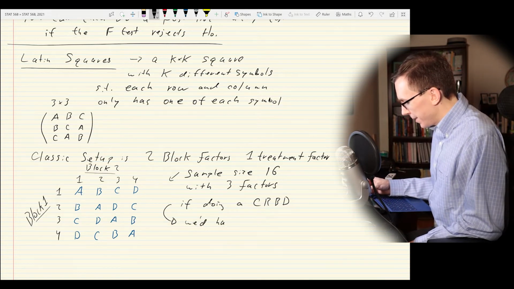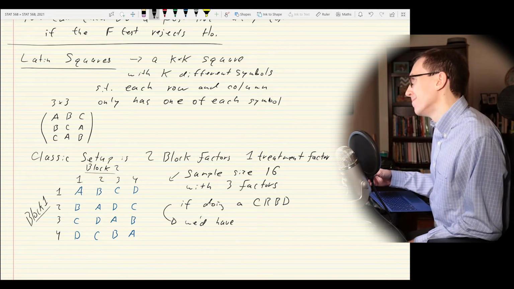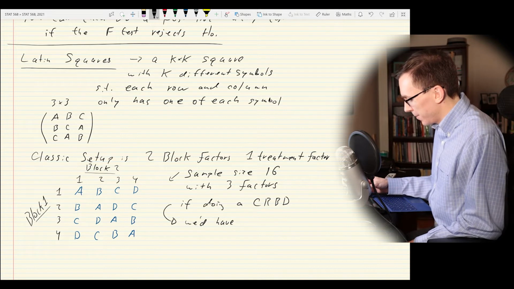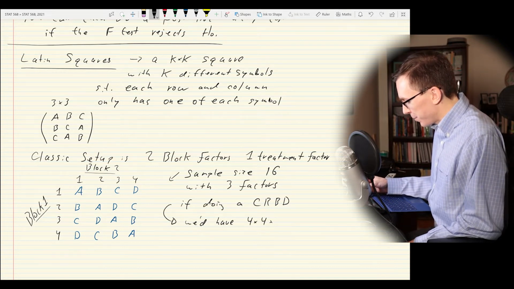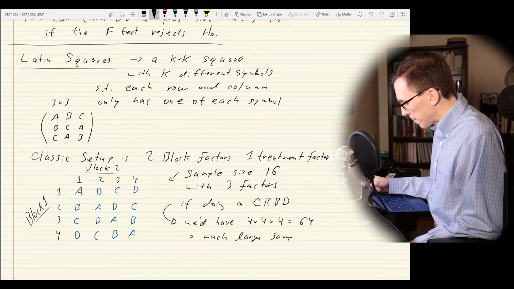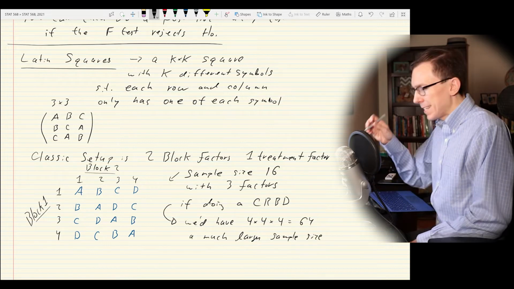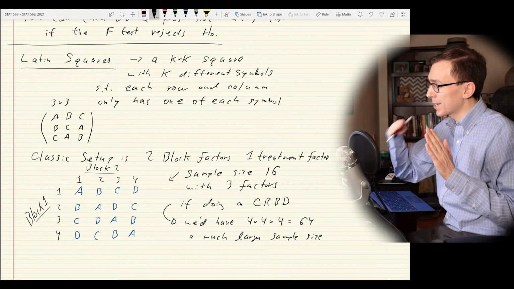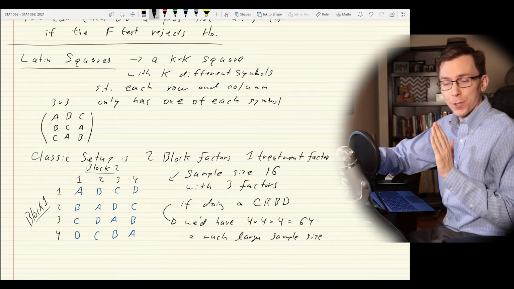How many different combinations would there be? We would have 4 times 4 times 4, which in this case would be 64. So a much larger sample size. Because in the complete randomized block design, for every combination of block 1 and block 2, we would have to see all 4 treatments.